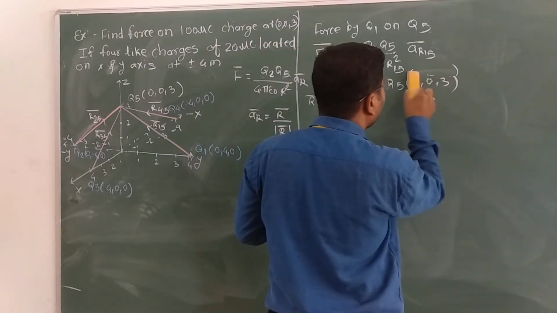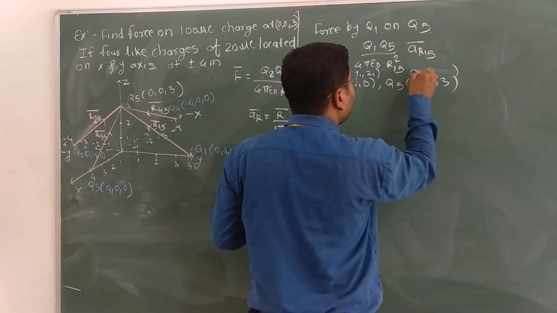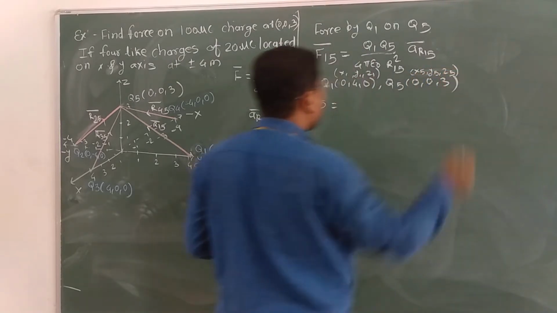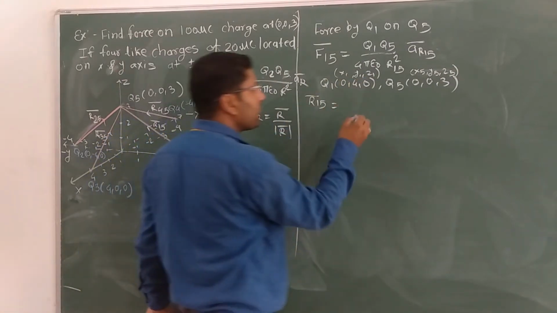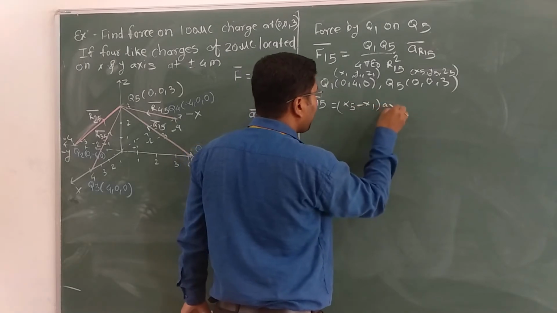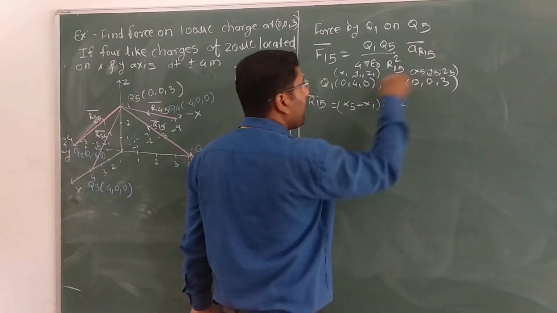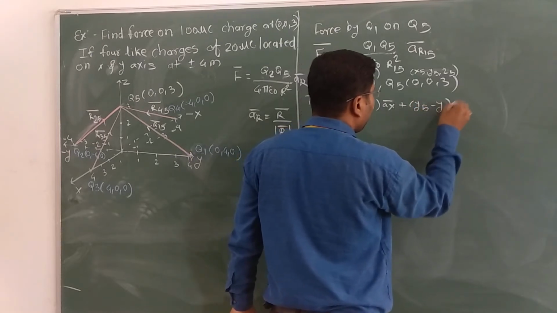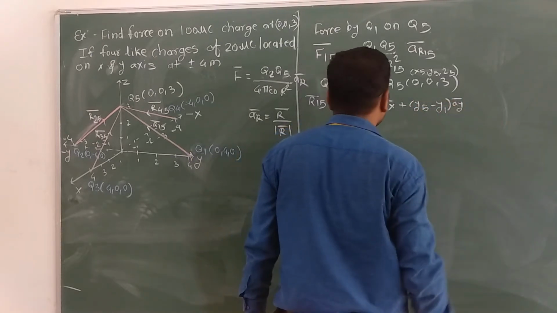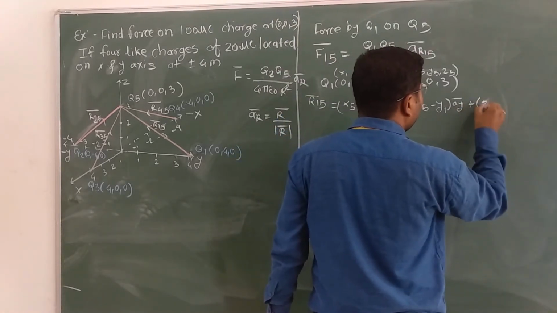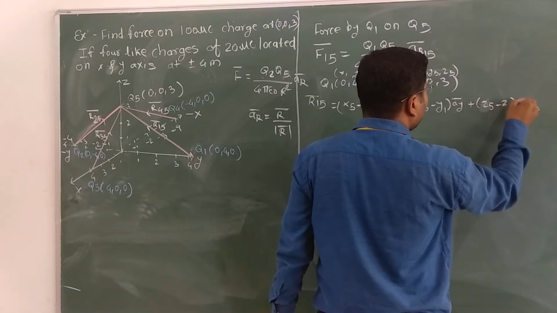I will use final minus initial: x5 minus x1 ax bar plus y5 minus y1 ay bar plus z5 minus z1 az bar.